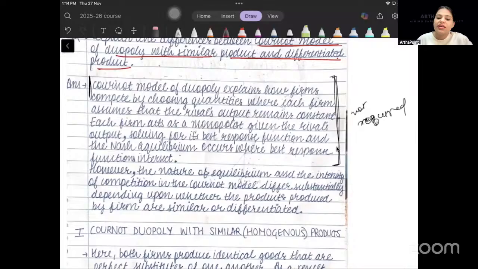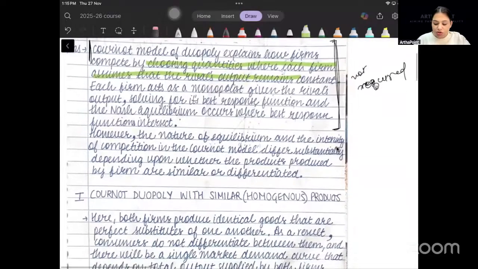You can say it's a duopoly model where each firm tries to maximize its profit given the other firm's output, and the decision making is with respect to output. One line is fine. You choose the quantity holding other firm's output constant, that much is fine, but there is no need to explain in detail how you find the Nash equilibrium.